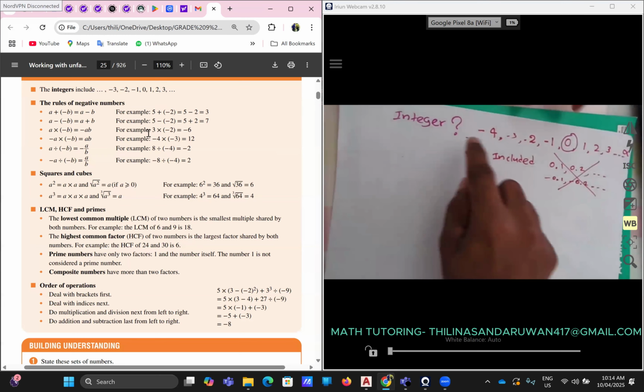And there are a few other rules you should know when we do the exercises. They are very simple. A plus minus B equals A minus B. Why is that?